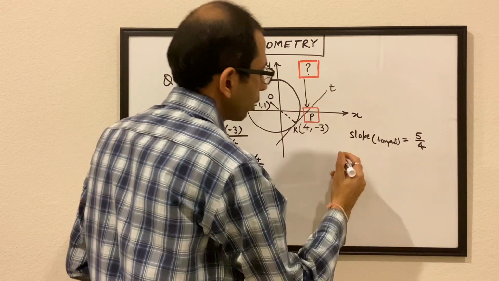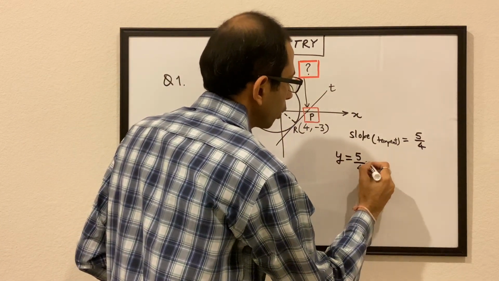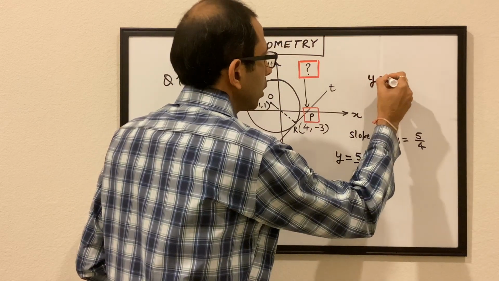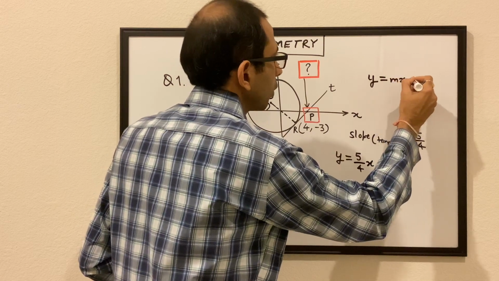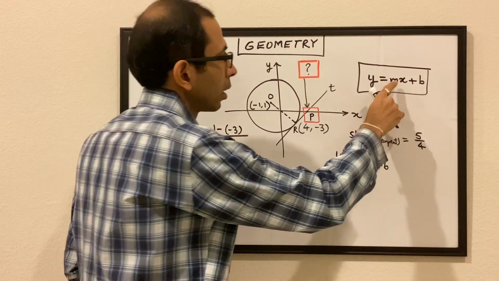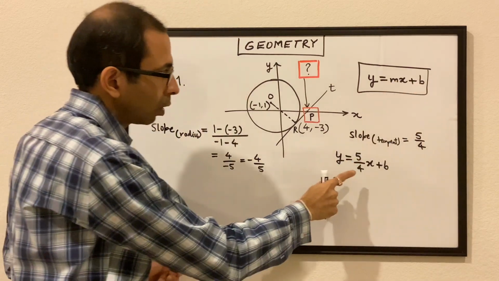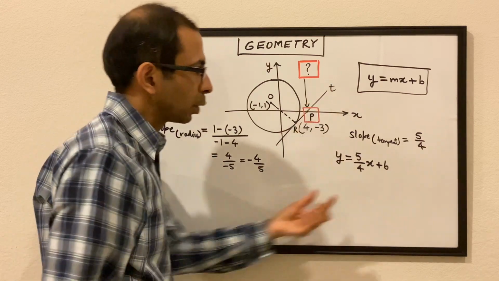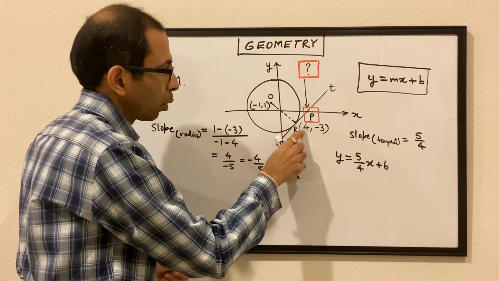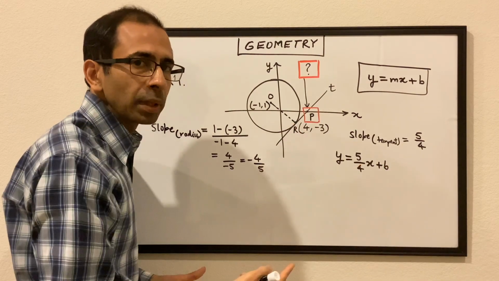Hence the equation of our line would be y equals 5 over 4 x plus b, right? We know that the equation of a line is in this form, y equals mx plus b, where m is the slope and b is the y-intercept. Now this is the equation of our tangent, but we don't know the value of b. But we know that this tangent goes through this point, so we can plug in this point here to get the value of b, right?